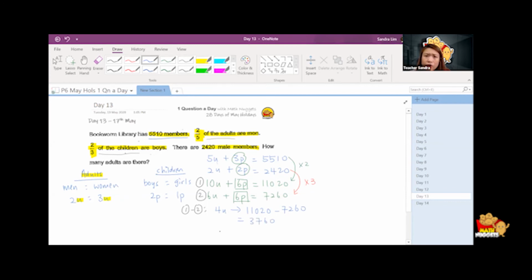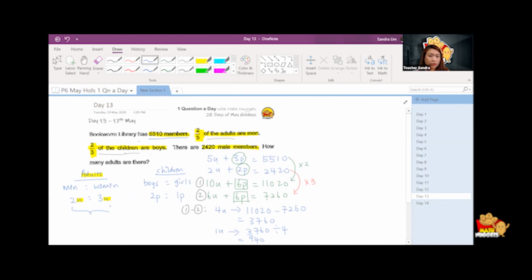Did I say 4 parts? 4 units. I thought I heard myself say it's 4 units. So 1 unit is 3760 divided by 4. Okay, so 1 unit is 940. So they want us to find the number of adults.